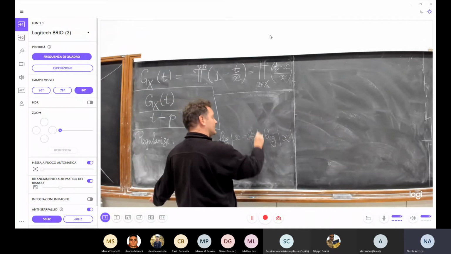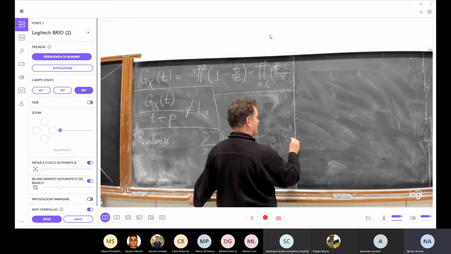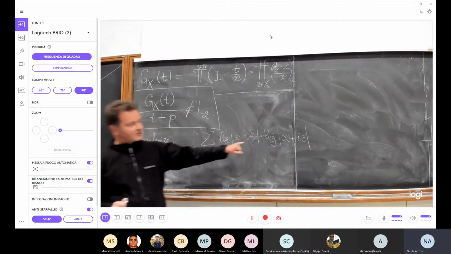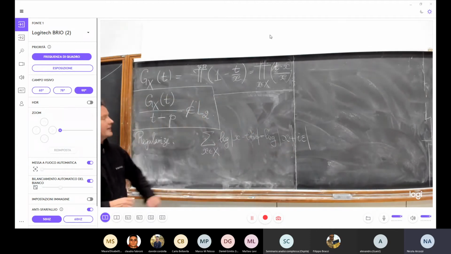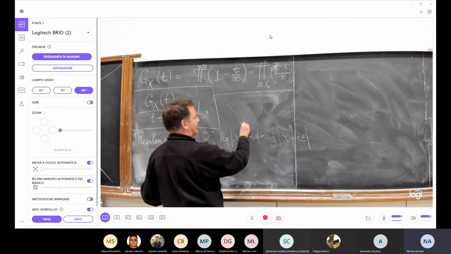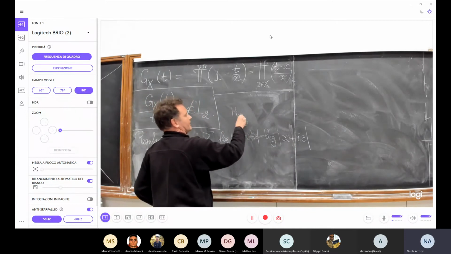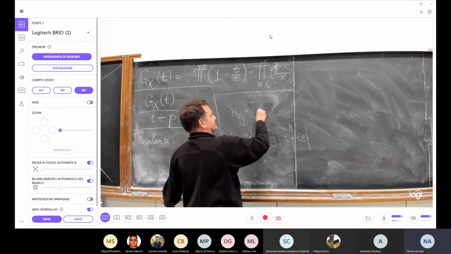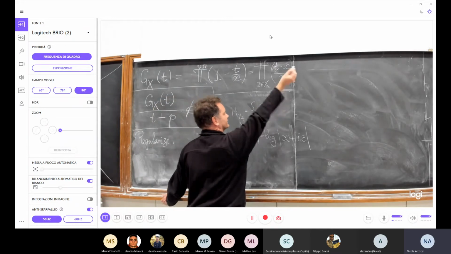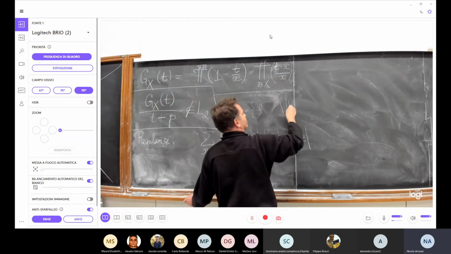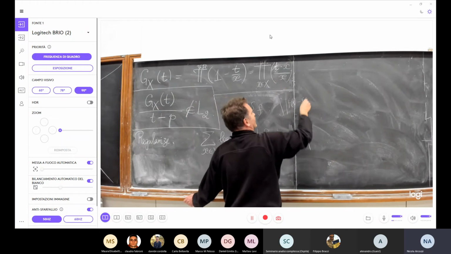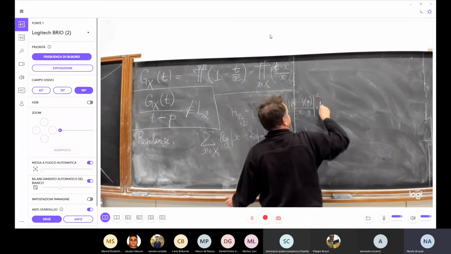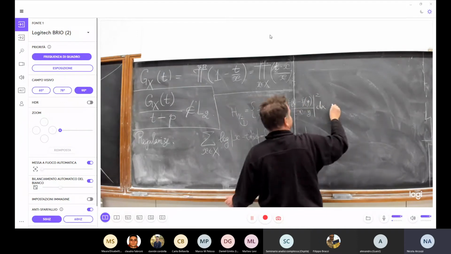It will be very clear why I want to do this, because in fact this puts this function in the Sobolev H1 space. The Sobolev H1 space, which, let us recall, is the space of functions such that the integral of f of x minus f of y over x minus y squared dx dy is finite.